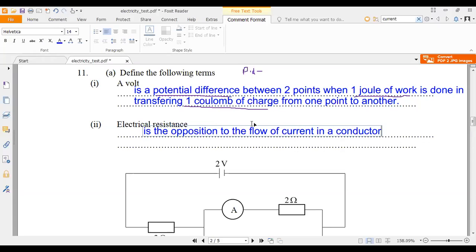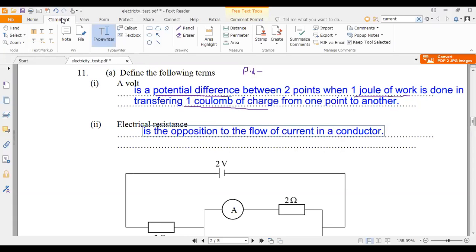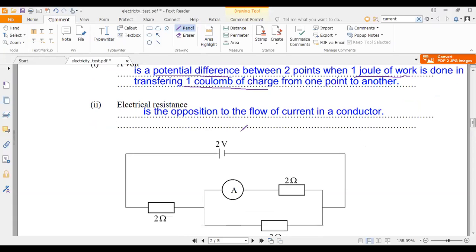You can also say it is the opposition of a conductor to the flow of current. So both are definitions for electrical resistance.